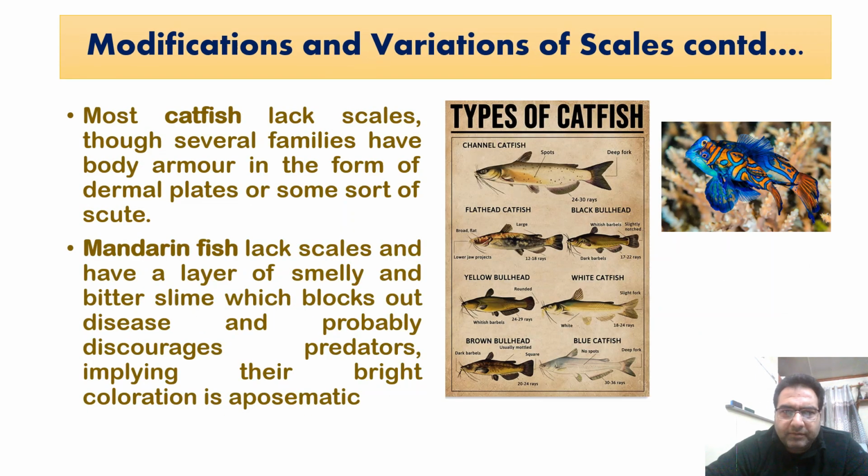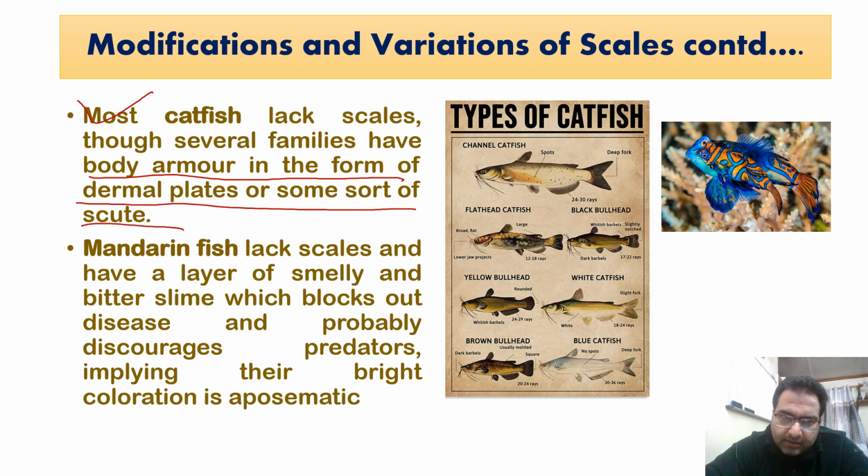And we do have the catfishes. They lack scales, and several families have body armor in the form of dermal plates or some sort of scutes. So in certain fishes, the scales are in the form of body armor, in the form of dermal plates or some scutes. And the mandarin fish, this is the mandarin fish.